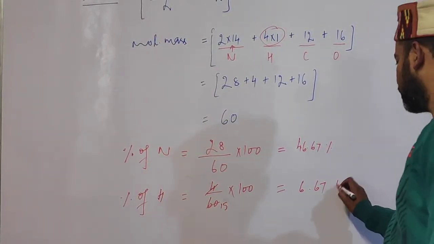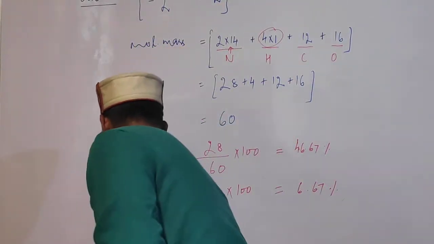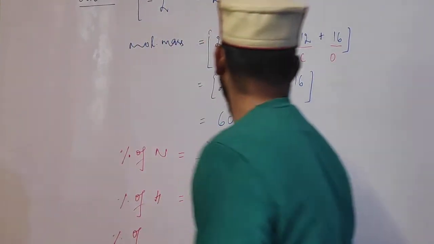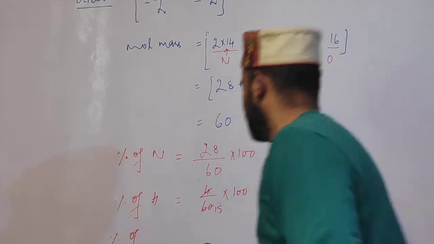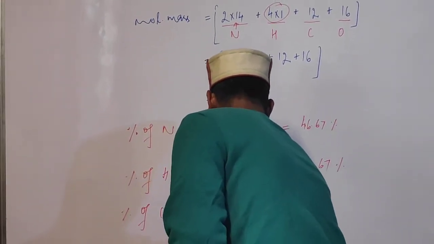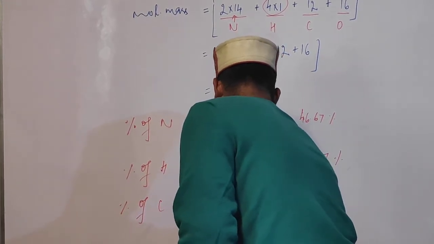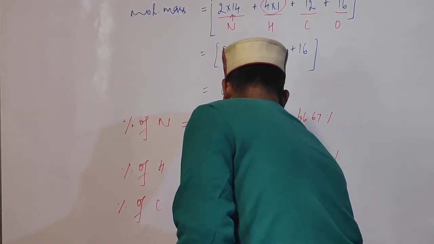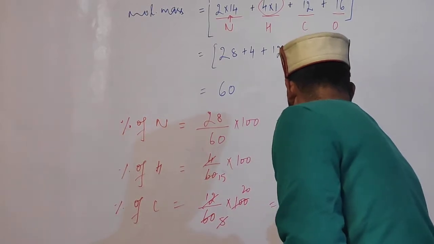Now similarly, the percentage of carbon will be the weight of carbon divided by the molar mass into 100. So this is 20%.